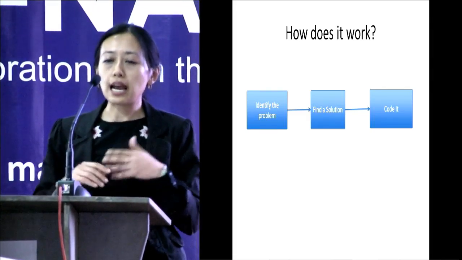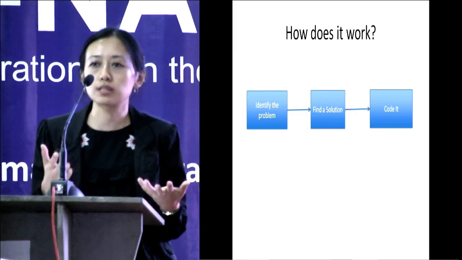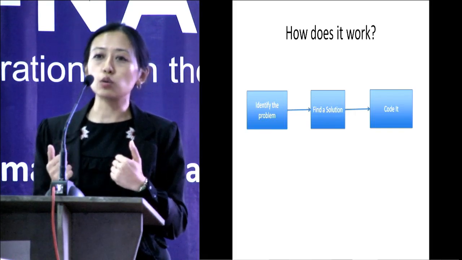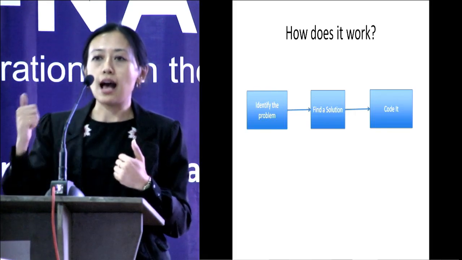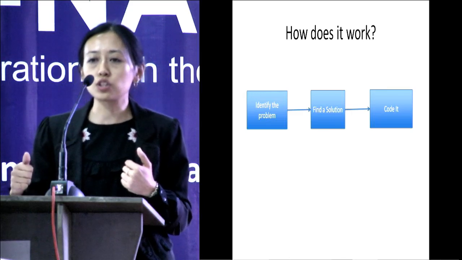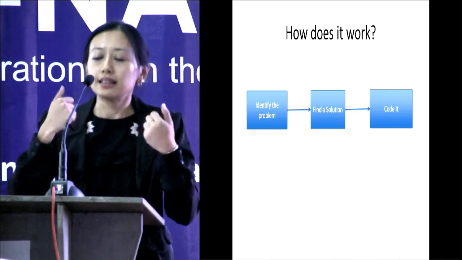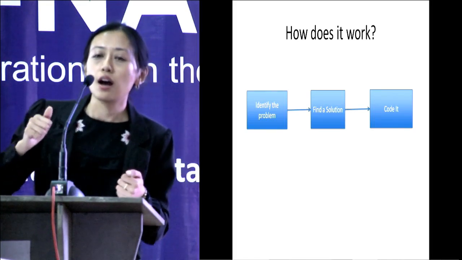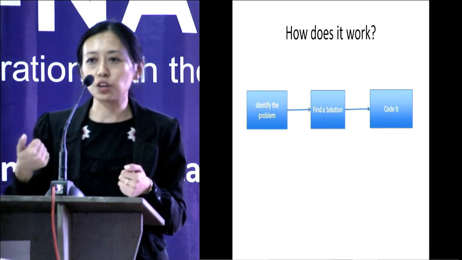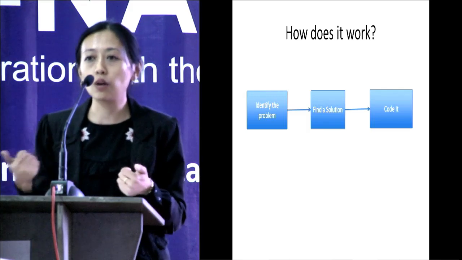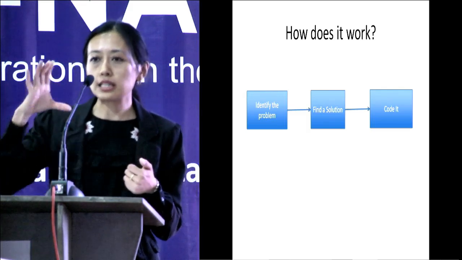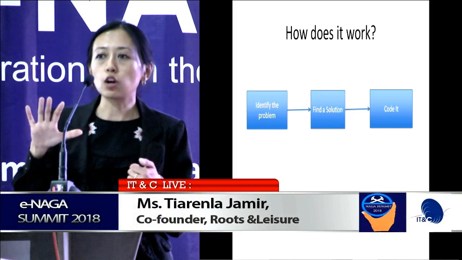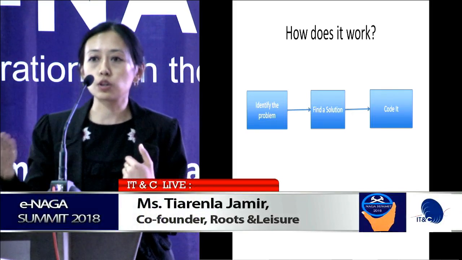So I need to evolve those steps and add additional steps: I need to go to my app store, search for a weather app which suits my needs, download the app, install it, then find Kohima as a location and check how the weather is. So that is what we call a set of instructions, or an algorithm, in order for your computer to understand what you want to do.